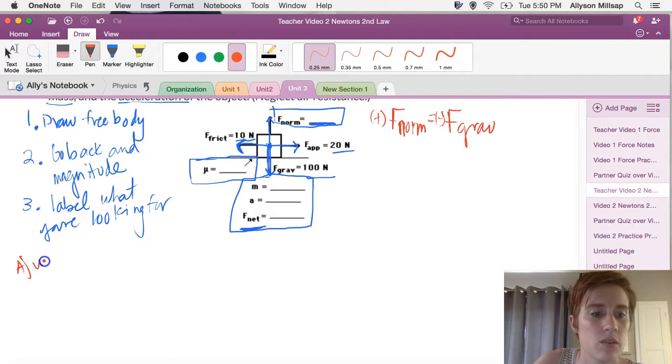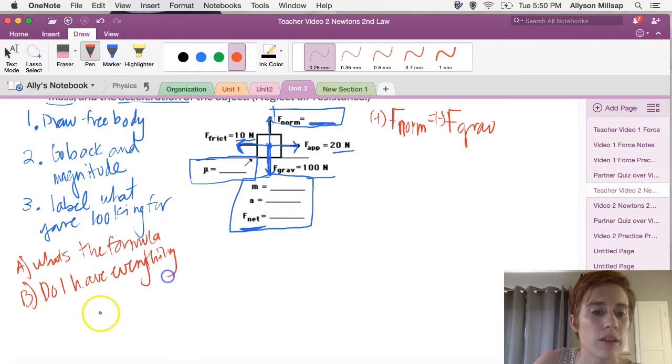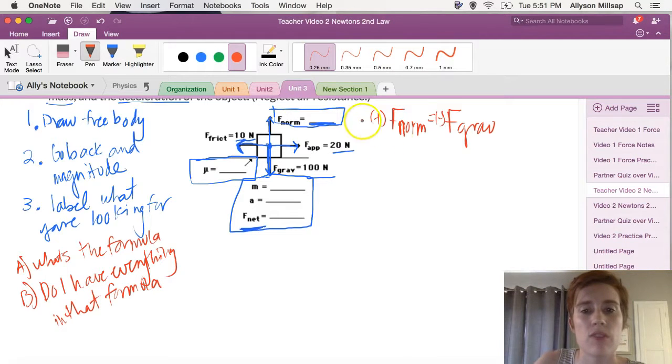A, what's the formula? And B, do I have everything in that formula? And if you know the formula, and you have everything in that formula, then just go ahead and solve it.